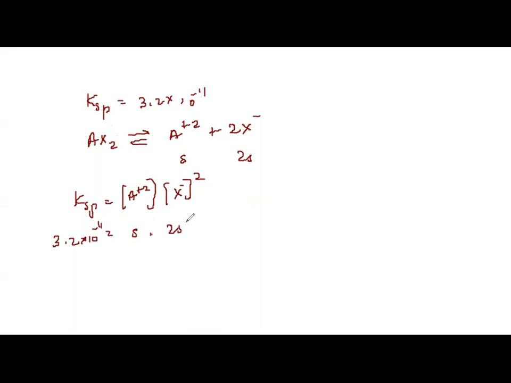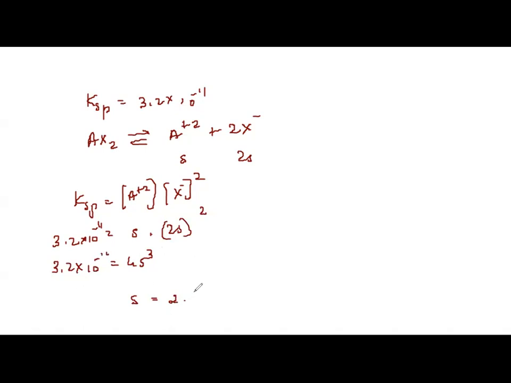So here it is 3.2 into 10 raised to minus 11 equals S into 2S the whole square. This is 4S square into S, that is 4S cube. So 3.2 into 10 raised to minus 11 equals 4S cube.